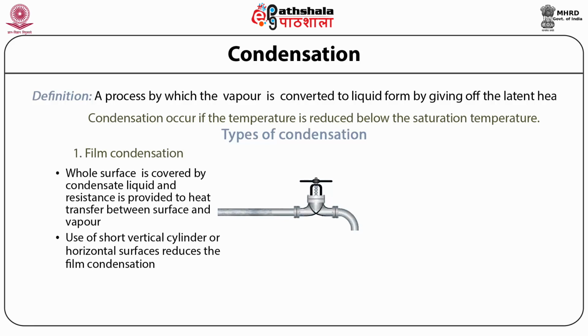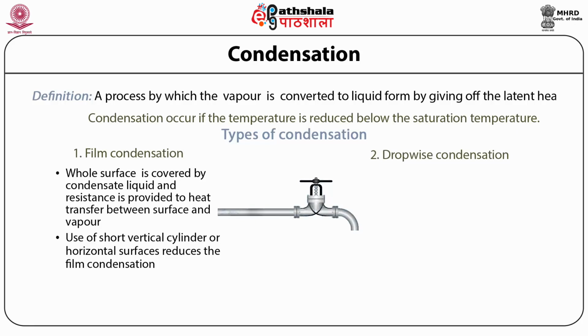There is another type of condensation where the condensate is formed as drops and detached from the wall without flowing on the surface. So, continuous film formation is avoided. That is, maximum area is available for heat transfer. So, drop-wise condensation is considered to be better than film condensation. Why?